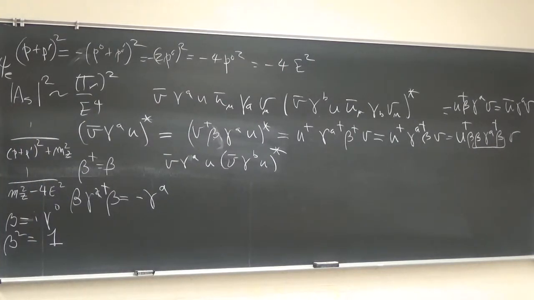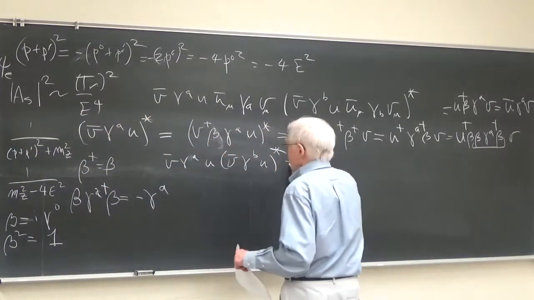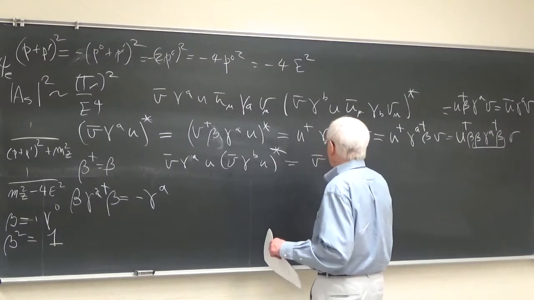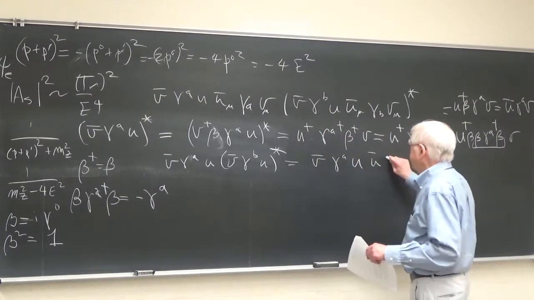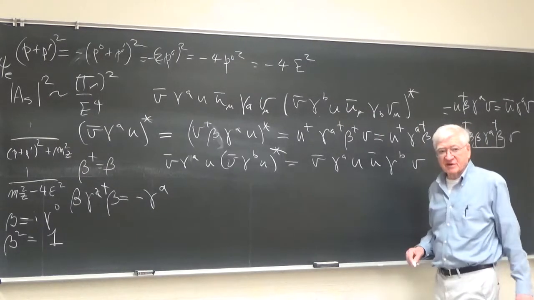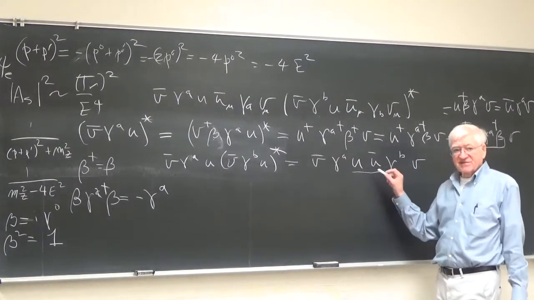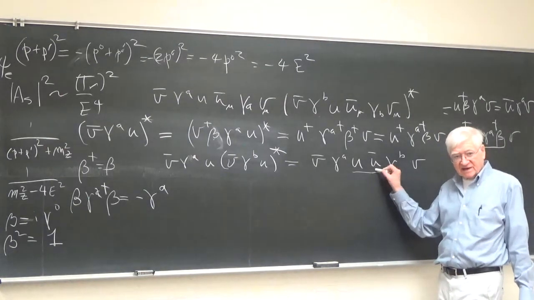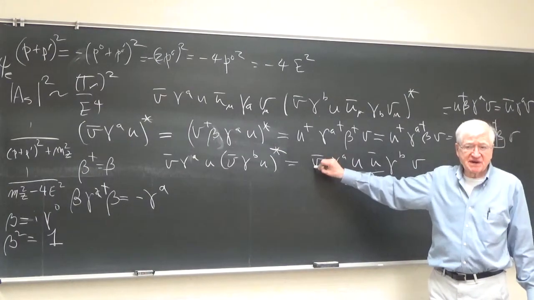There's also a muon part, but I'm doing the electron part times the complex conjugate of the electron part. And so this is actually V bar gamma A U, U bar gamma B V. So that's what we have to compute. And now you see that these have the same momentum and spin index, and this one and that one have the same momentum and spin index.